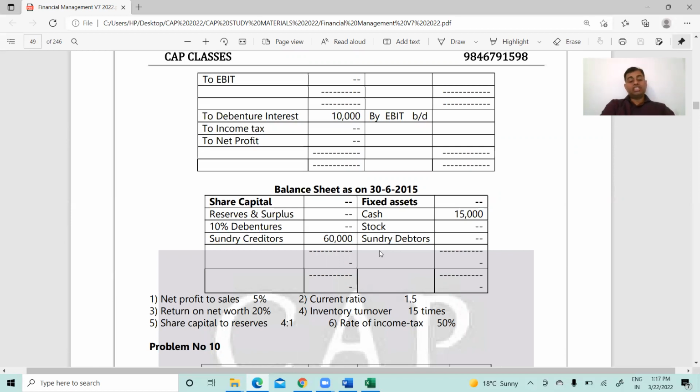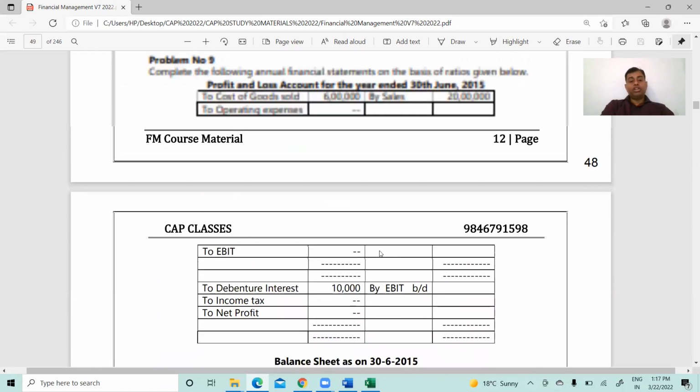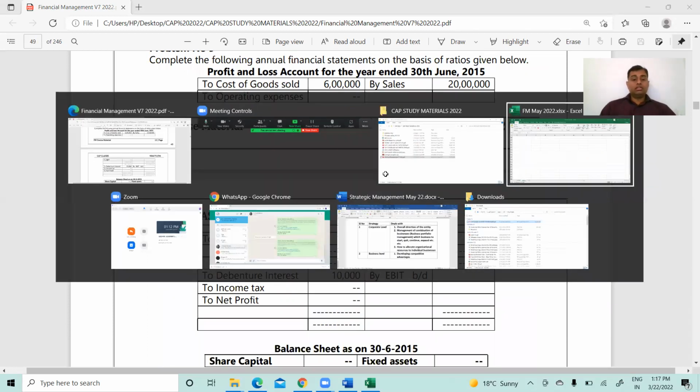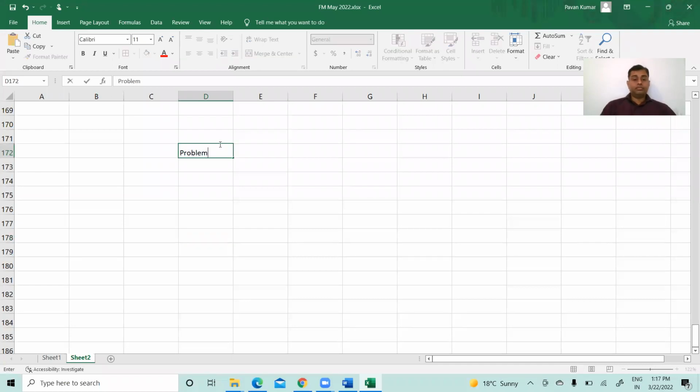Super. So shall we start with this problem? First, what you need to do, as it is, copy the P&L and balance sheet in your notes. That will be the main answer. After that, we'll start working notes. So put the heading problem number 9. First write down profit and loss.